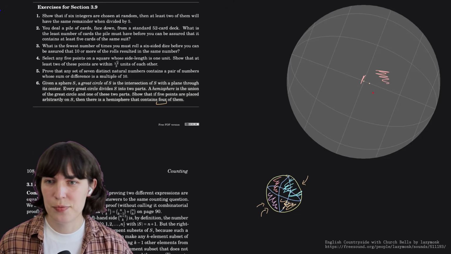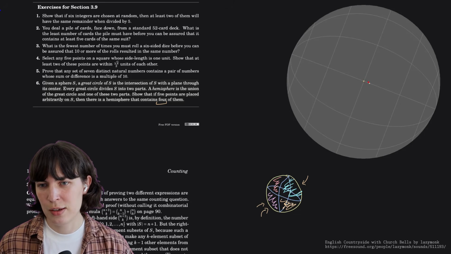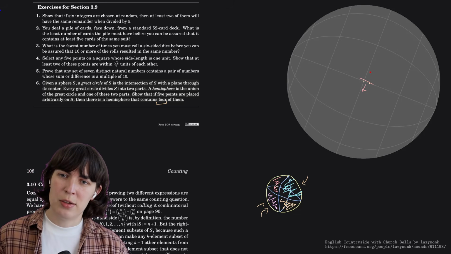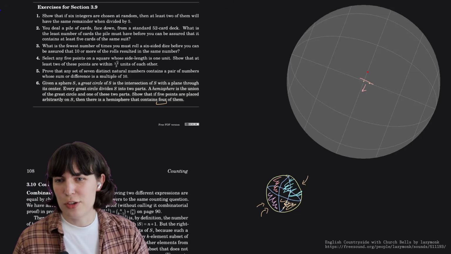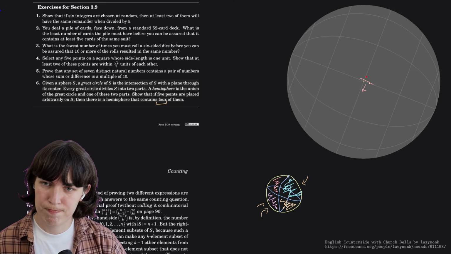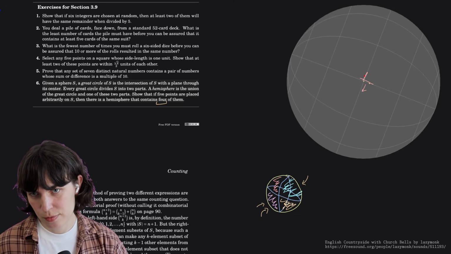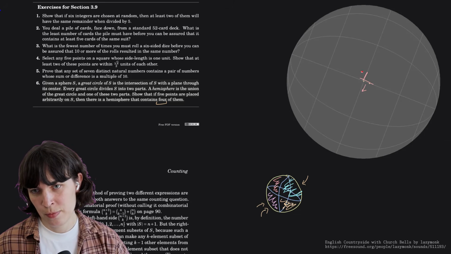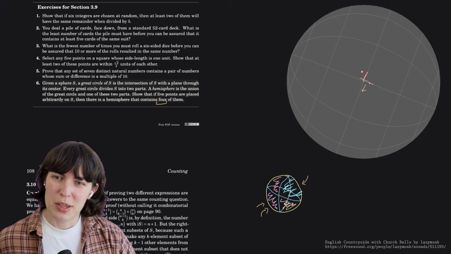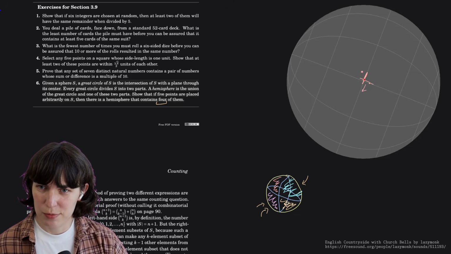We've got this semicircle, and we've got this semicircle going this way. So if we wanted to draw one outside of both, we could draw one here, but then this ends up on this point.